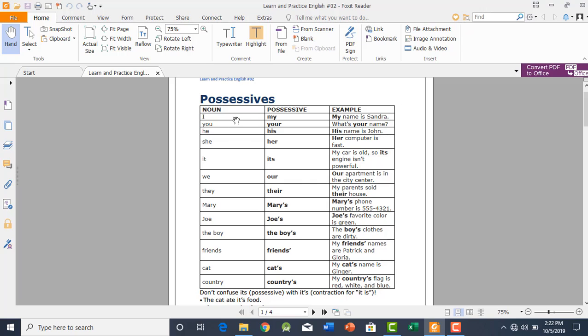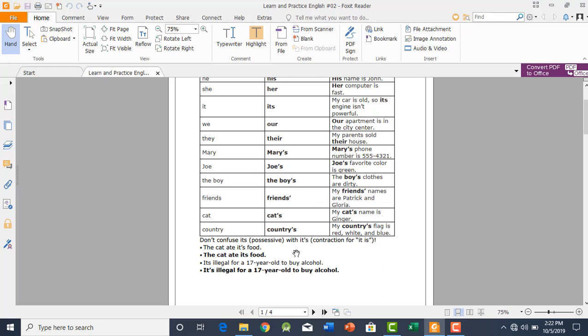And in the same way we have a lot of different nouns and their possessive words, and their corresponding examples are also given here to give you a brief idea about the concepts. And a very important thing here is we may get confused with words like it's, in which there is an apostrophe between t and s.